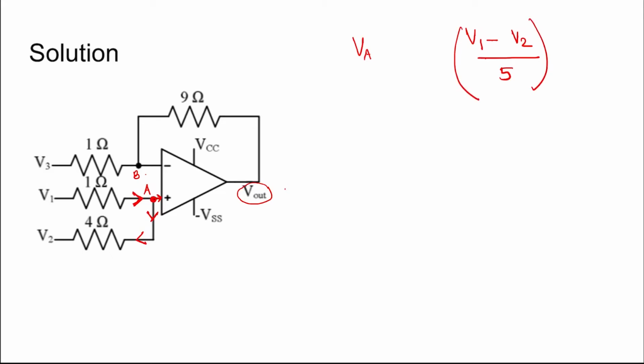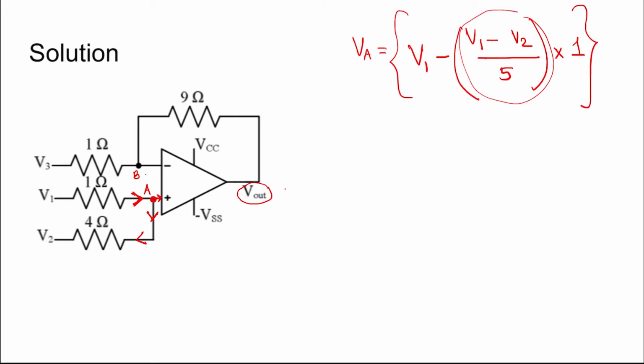And then V1 minus this drop. So V1 minus I into R. The R is 1 and I is already determined, so this is I into R, which is 1 ohm. This IR drop is subtracted from V1 to find VA.